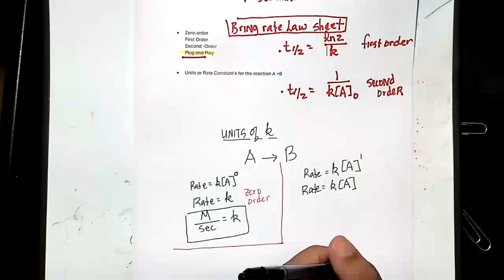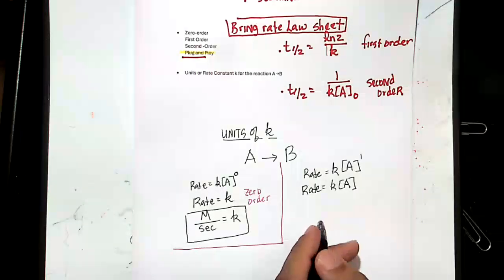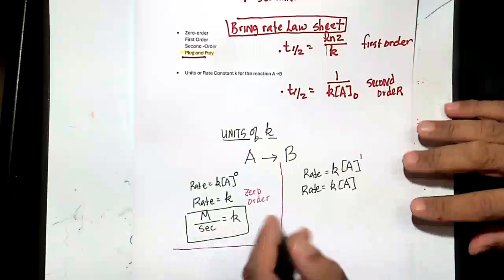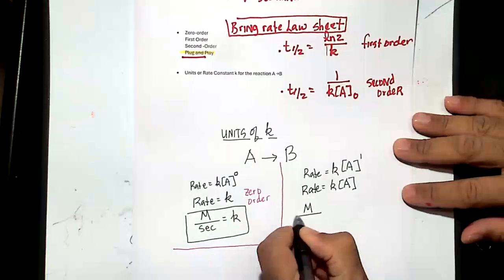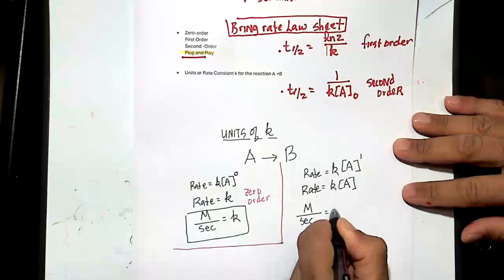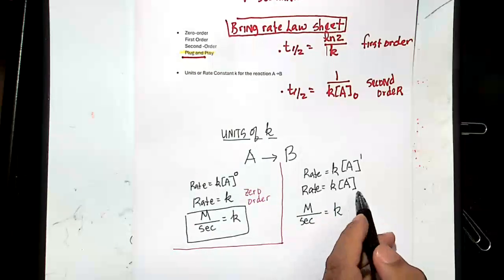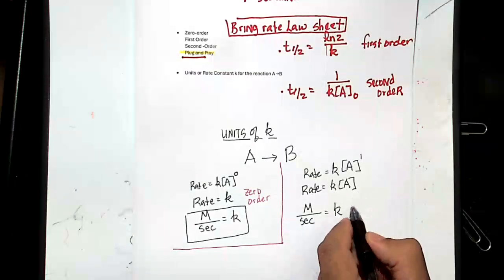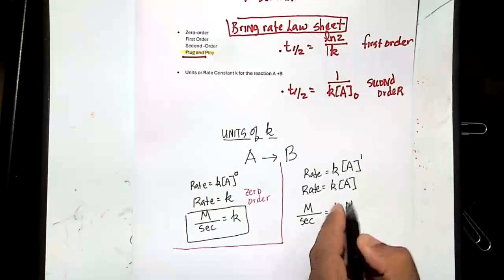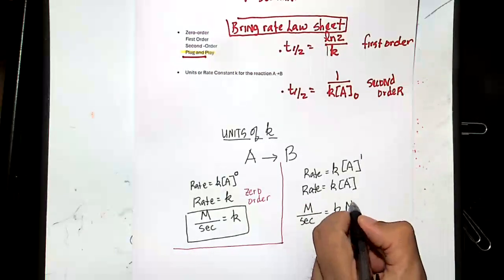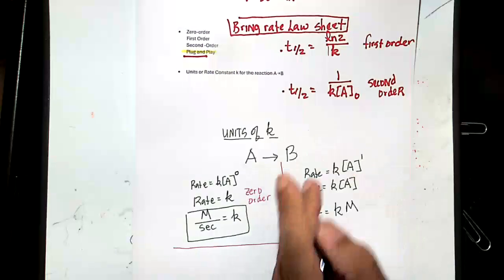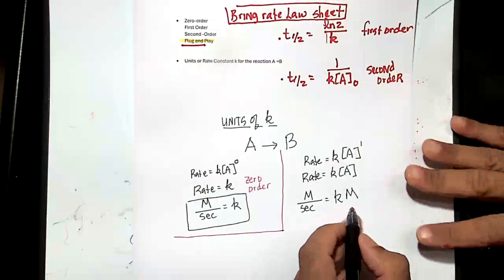But what are the units of K now? This is all about the units. We mentioned rate is molar over seconds. What are the units of the concentration brackets? M, which is moles over liter.